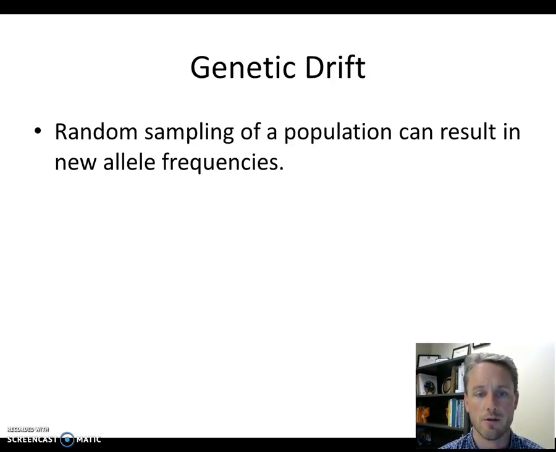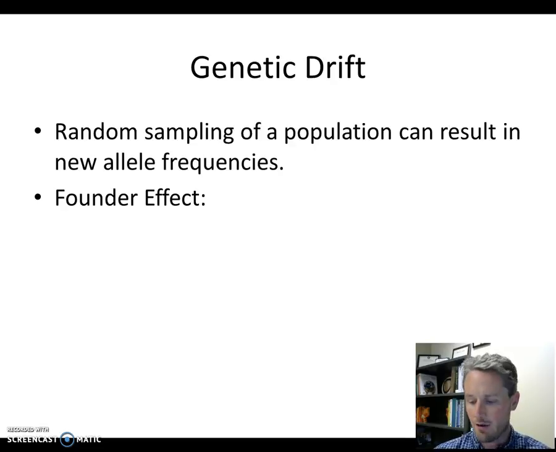So let's think about one of those. One specific example of genetic drift is something we call the founder effect. The founder effect occurs when a group of individuals leave one population, move somewhere else, and those individuals start the new population. So they're the founders of a new population.